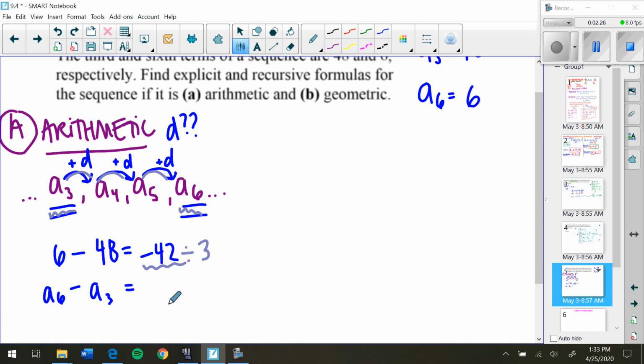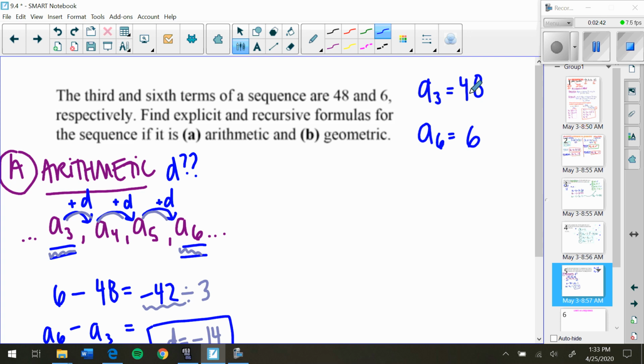That means our common difference d would be negative 14. Now, maybe you're like, I don't believe you, Miss Wissing. One way you could check would be pretty easy, kind of annoying, but you could do it. We could take 48, subtract 14, then subtract 14 again, then subtract 14 again, and you should get to 6.